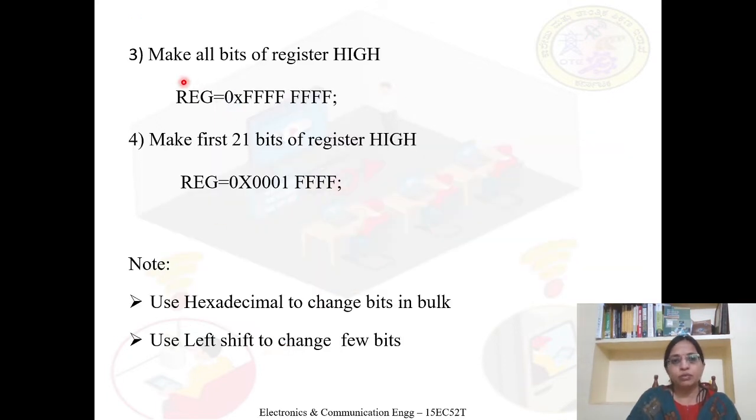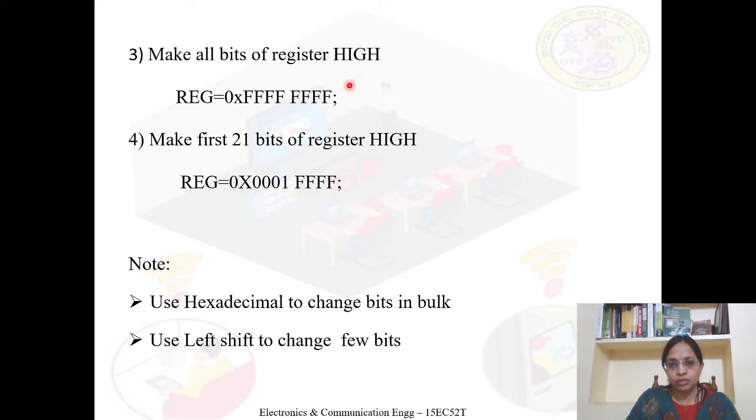And if I want to make all the bits of the register high, then I have to write reg equal to 0x with 1 in all the 32-bit pattern. So that gives me the answer as all 8 Fs. And in the second example, I want to make 21 bits of the register high. So here I can write the hexadecimal number format as 0x0001 and 4 Fs.